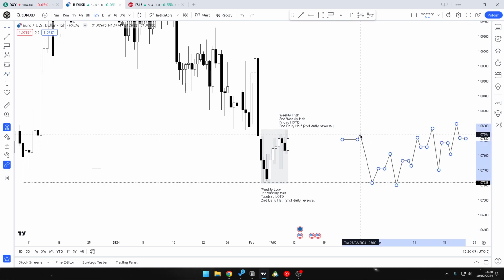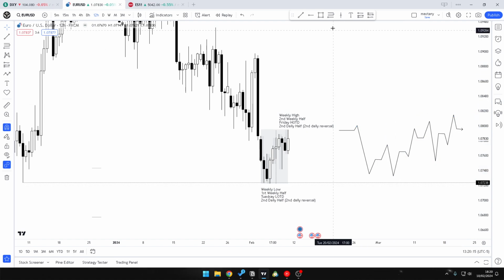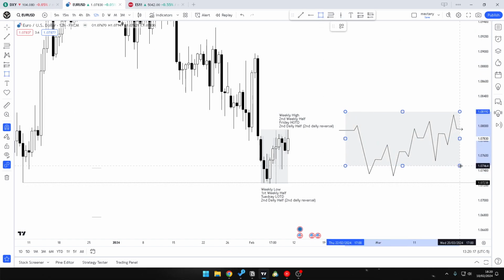So this is basically the entire weekly candlestick, weekly open, weekly close.